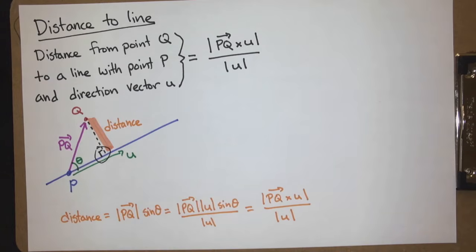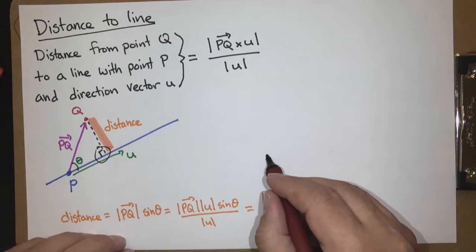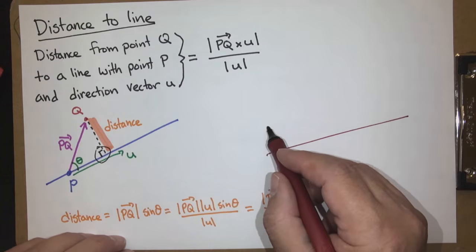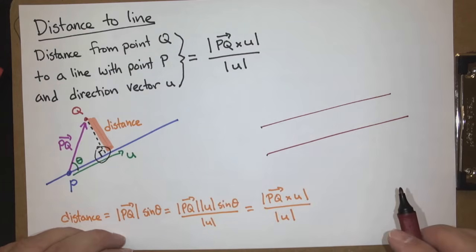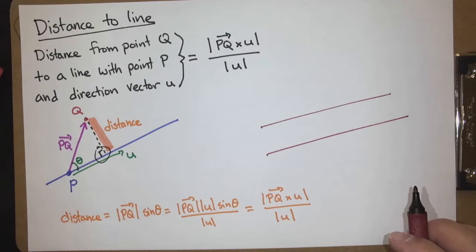Now, suppose, theoretically, one were asked the question: you have two exactly parallel lines, so they have the same direction vector. How would you find the distance between two lines which were exactly parallel, had the same direction vector?